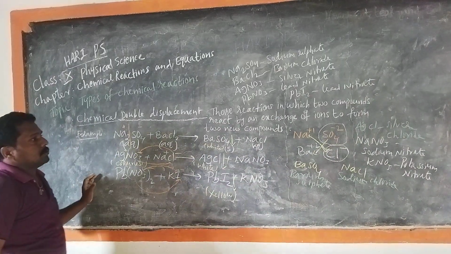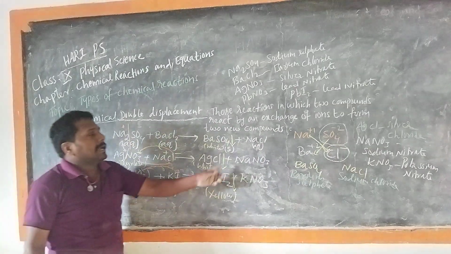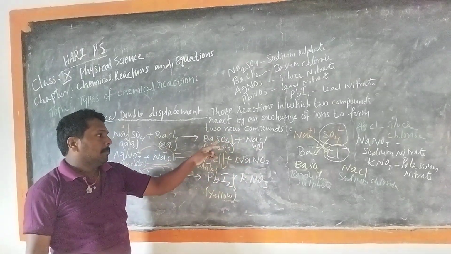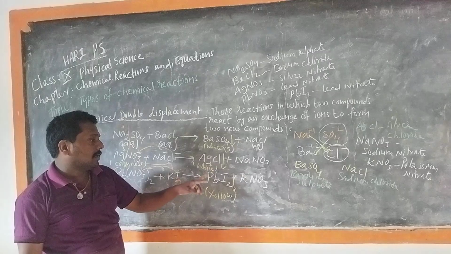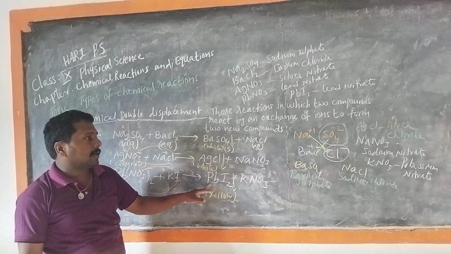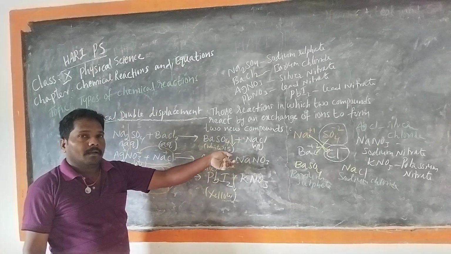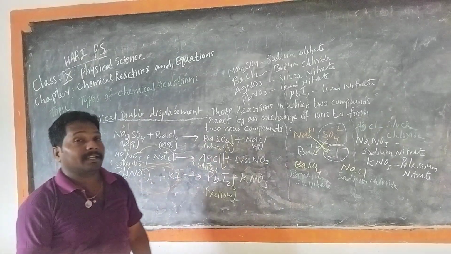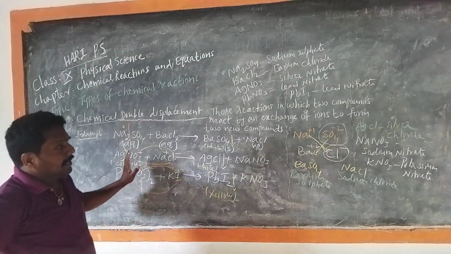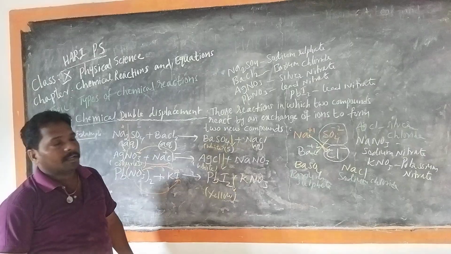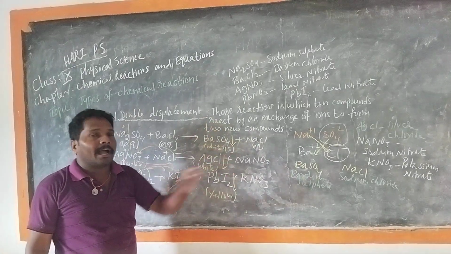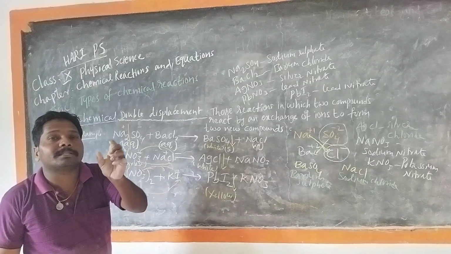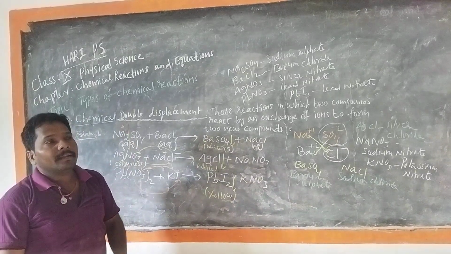Whenever you observe these reactions, I represented barium sulfate, AgCl and lead iodide with a downward arrow. As we discussed earlier, in any chemical reaction, a downward arrow indicates that an insoluble substance is formed.